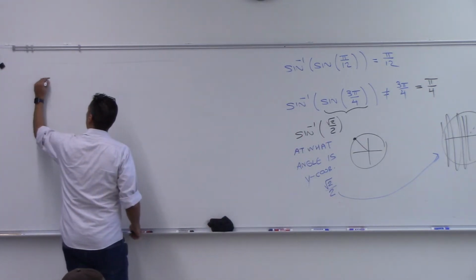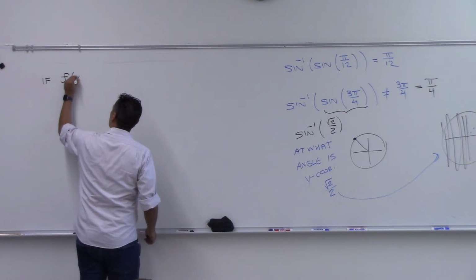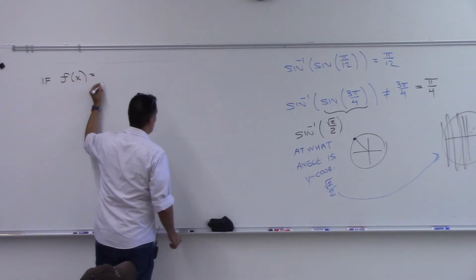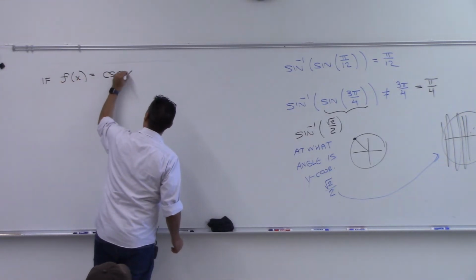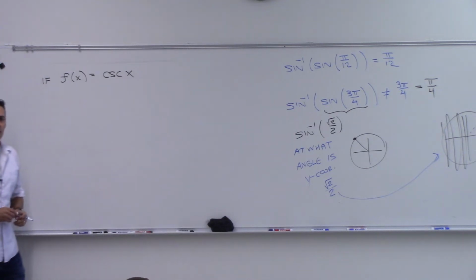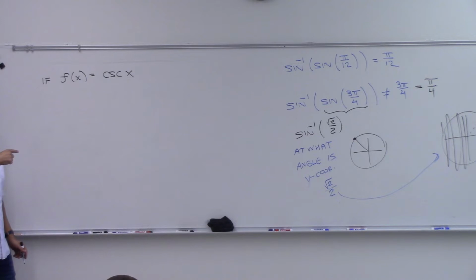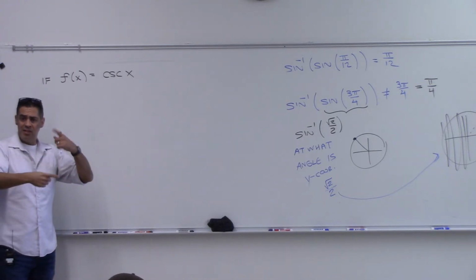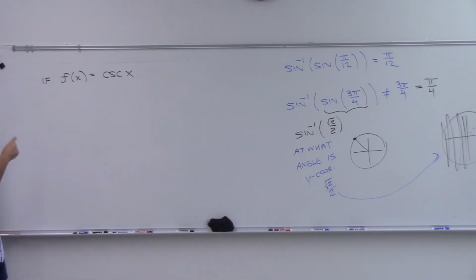if f of x equals, let's start with cosecant x. Cosecant x. That's the reciprocal of which function? It's the reciprocal of sine, right? That's 1 over sine. So if I want to have an inverse function, a function that undoes this one, it's going to have the same domain restriction that sine had when we made the inverse for sine.